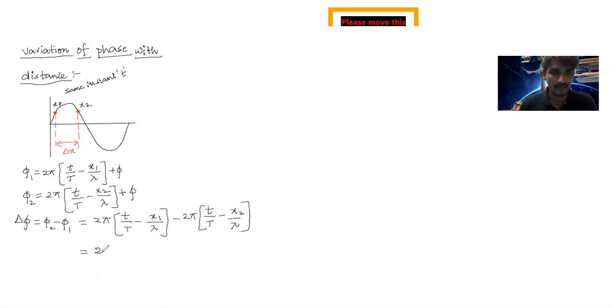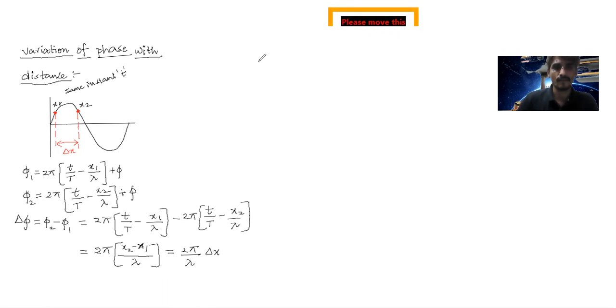Therefore, we can write 2 pi into, directly, minus x1 is here and minus of minus x2 becomes plus x2, right? Therefore, can I write it as x2 minus x1 divided by lambda? So how do we write this relation? 2 pi by lambda into delta x.